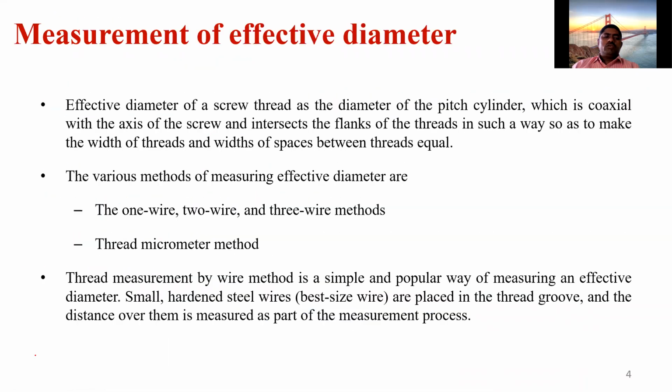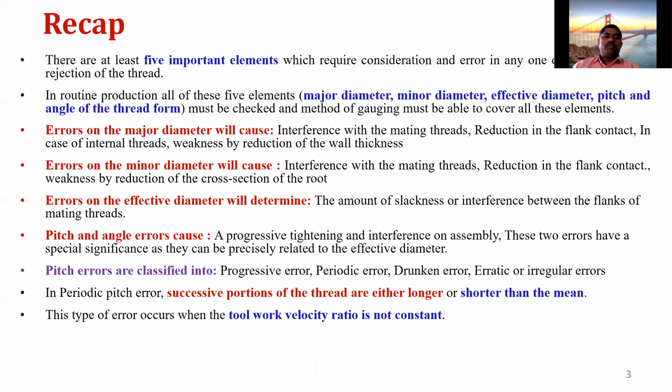So in lecture 2, we understood that the accuracy of the screw thread depends on a number of parameters. In order to check the accuracy, we need to check at least 5 important elements.